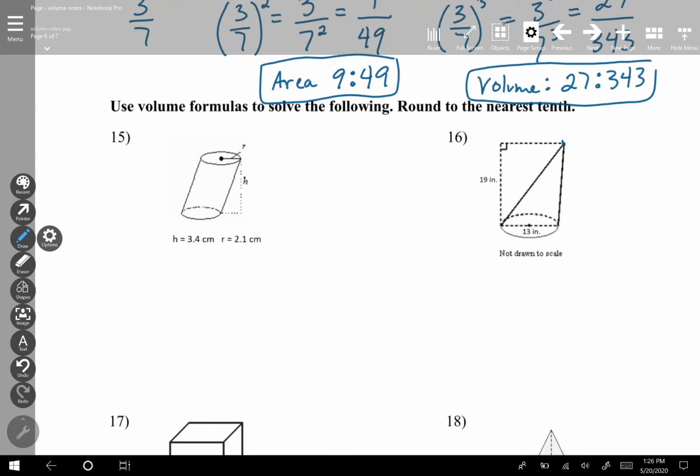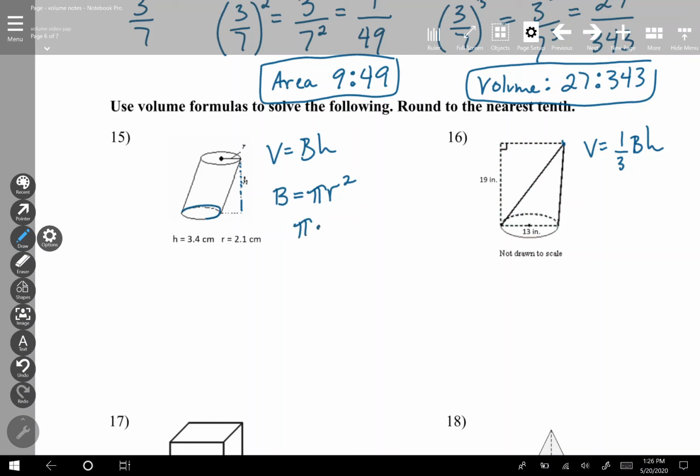The formulas for these, even though they're tilted, they're the same. So for a cylinder, it's area of the base times the height. For a cone, it's still 1/3 area of the base times the height. The height they're showing you in this picture right here. Okay, so for a cylinder, the area of the base is pi r squared because our base is a circle.